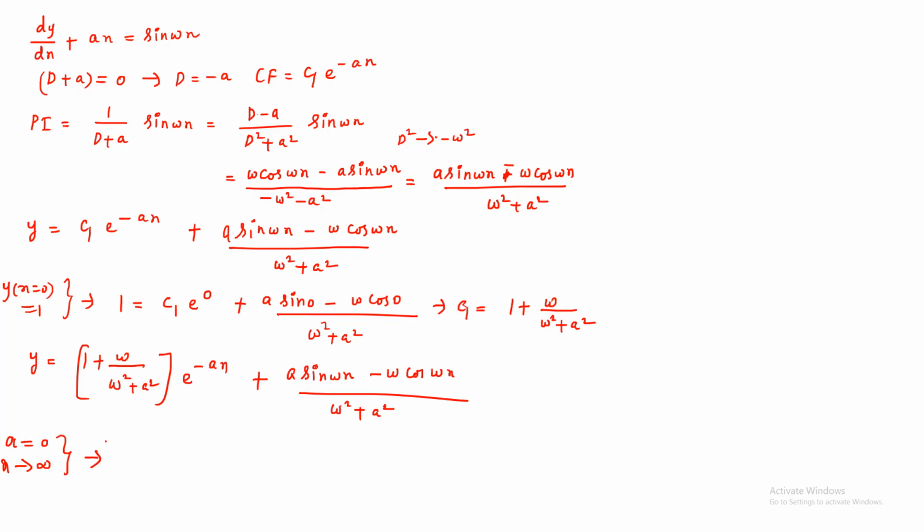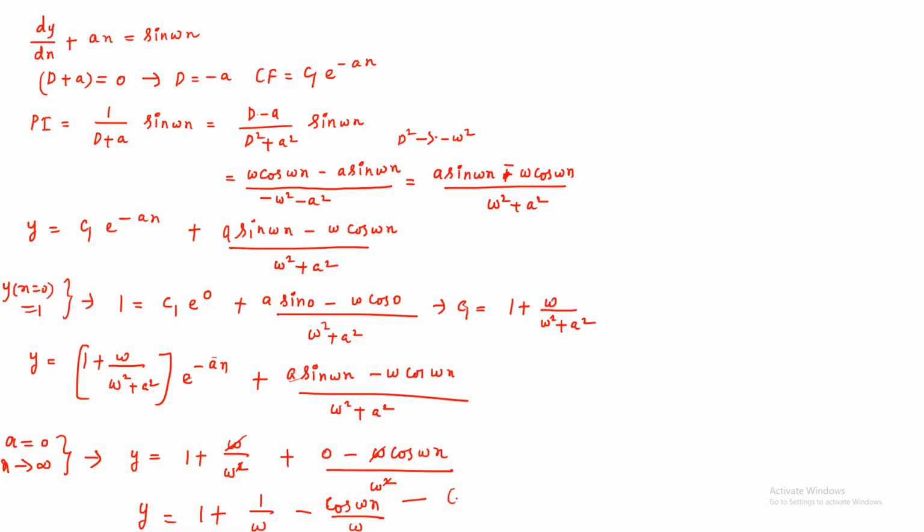If we substitute a = 0, then we get 1 + ω/ω², and e^0 is 1. The other term, with a in it, goes to 0, leaving minus ω cos(ωx)/ω². The ω gets cancelled, so we get 1 + 1/ω minus cos(ωx)/ω. As you can see, cos(ωx) will lie between -1 and +1.